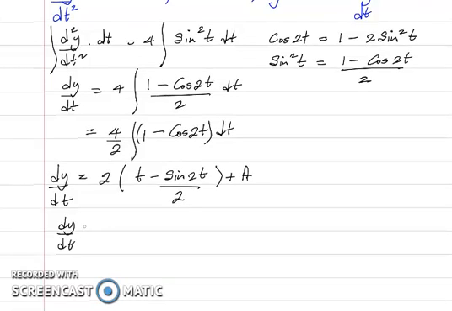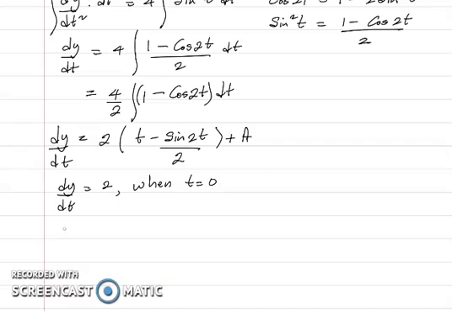dy by dt is equal to 2 when t is equal to 0. So we can use this to find a. We have 2 is equal to 2 times 0 minus the sine of 2 times 0 over 2 plus a.